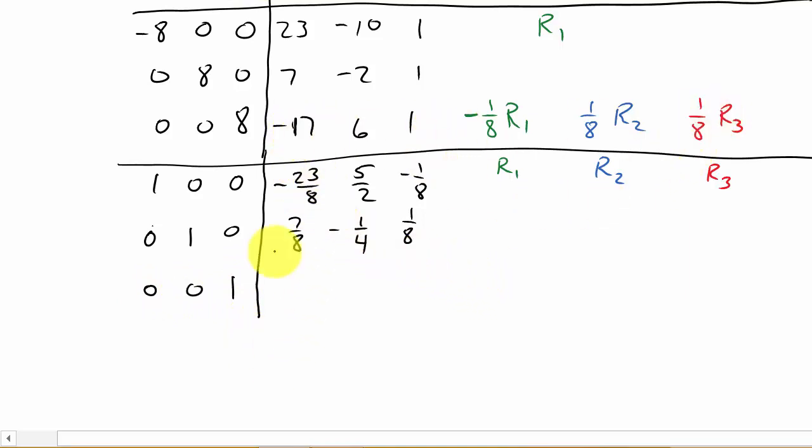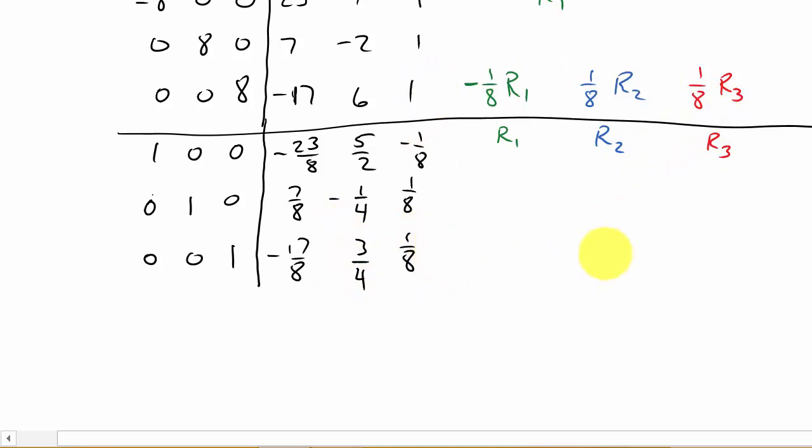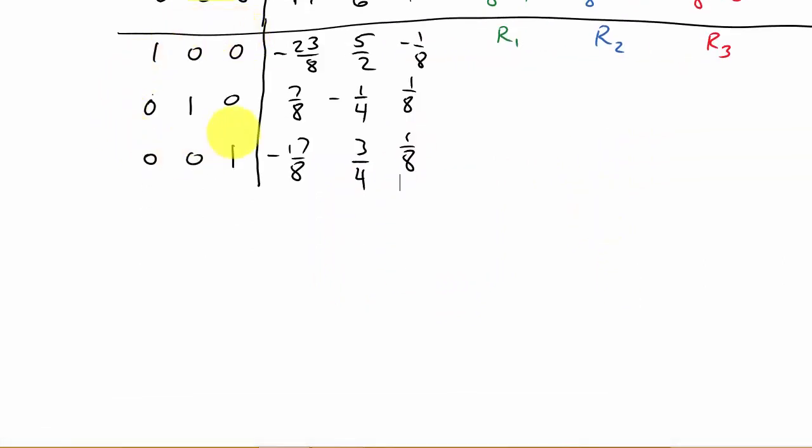So negative 17 times 1/8 is negative 17 over 8. 6 times 1/8 is 6 over 8, well, that reduces, right? 2 goes into both of them, so that would reduce to 3/4. And then 1/8 times 1 is 1/8. And so I've reduced it to the identity matrix, and so this matrix here is my inverse.